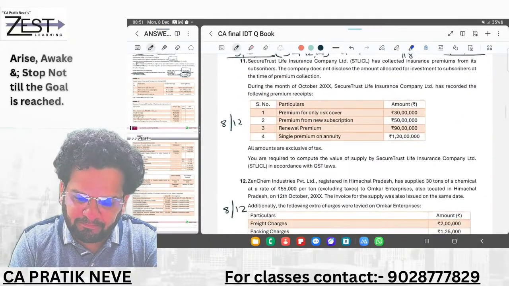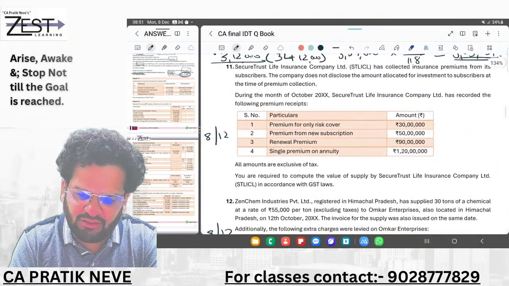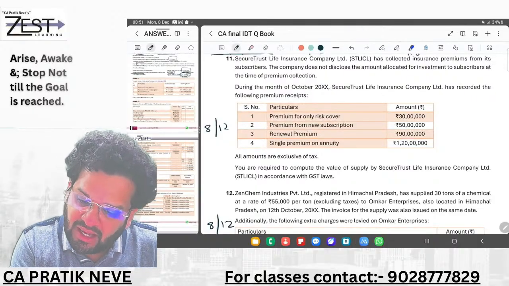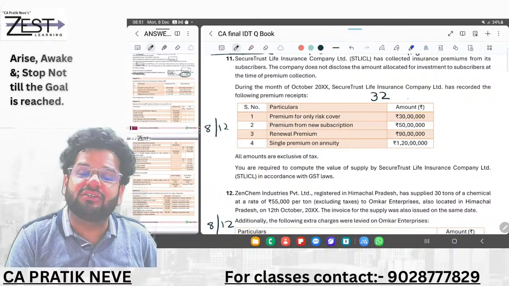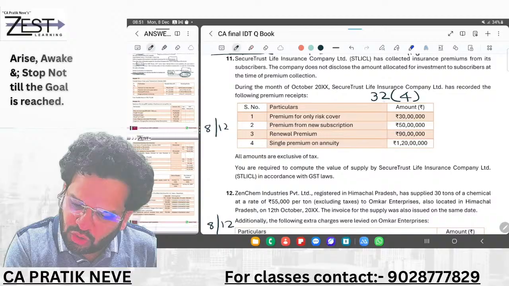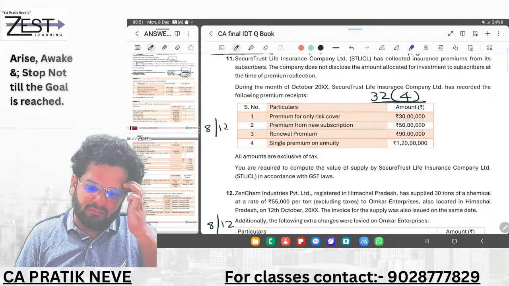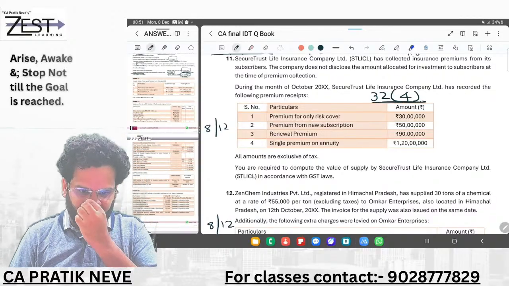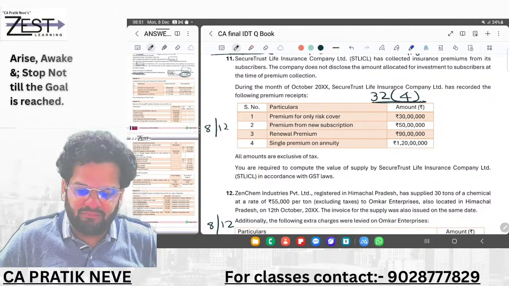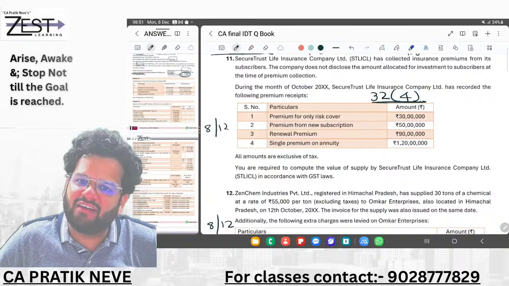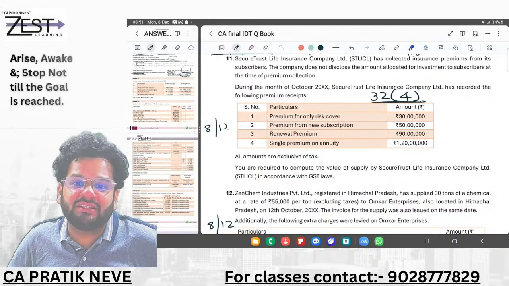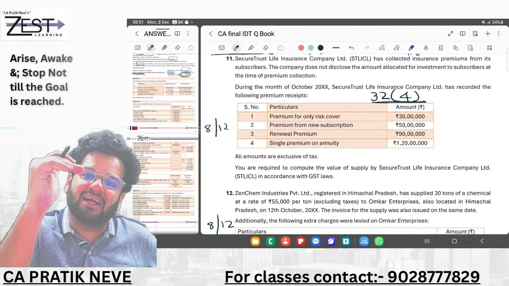Okay, we are doing next question, that is 11th one. It is for life insurance services. Its valuation is given in 32(4). But remember one thing, from 22nd September onwards, life insurance has become exempt from GST. So chances of this being asked is very less.